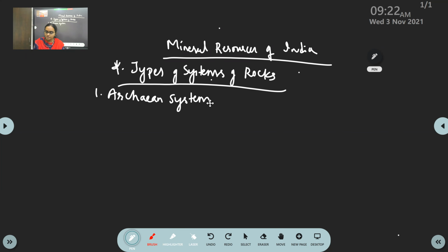What do you mean by metamorphosis? Igneous and sedimentary rocks, under increased temperature and pressure, get transformed into another type of rock known as metamorphic rocks, isn't it? So the Archean system rocks are the oldest and primary rocks.